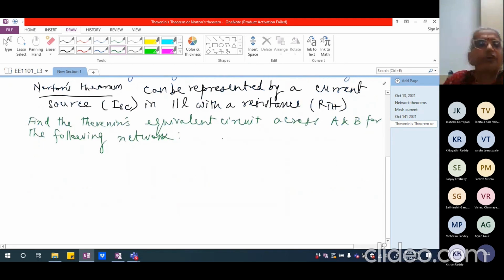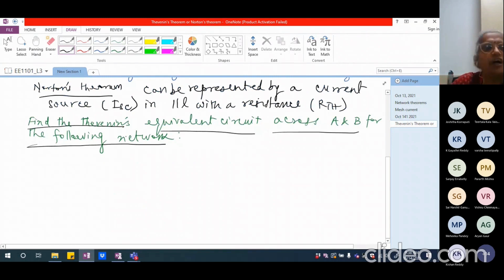So you have to find out what is the Thevenin's equivalent circuit for this particular circuit. I'm going to draw the circuit now.